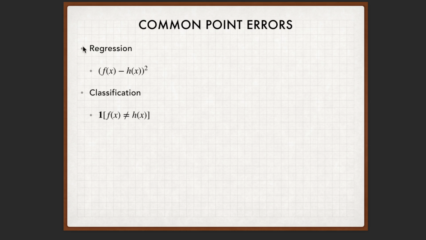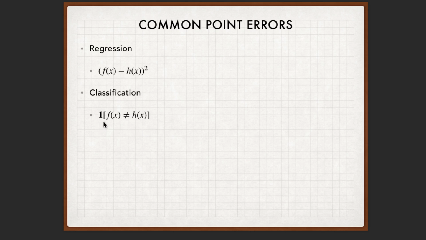Let us say the target function is f, and the function we want to evaluate is some hypothesis h(x), and we can use the squared difference between the two functions' results at x as the error.